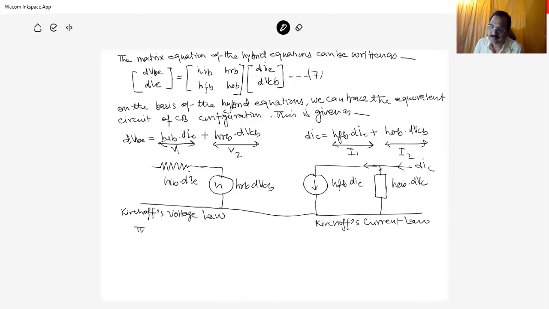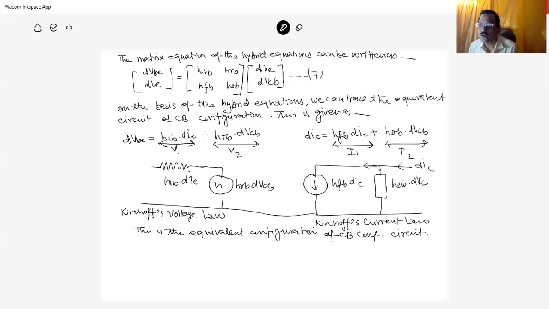The other part is that we have to compare the common base to the common emitter circuit.